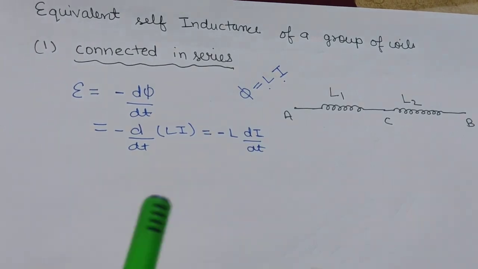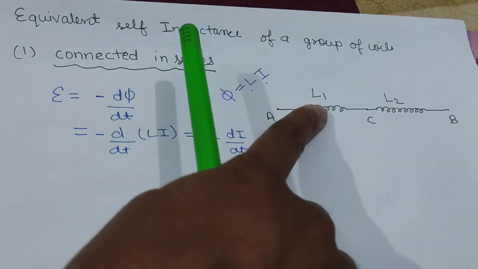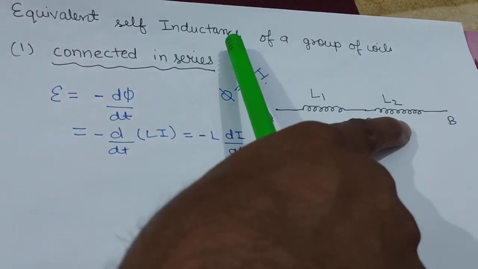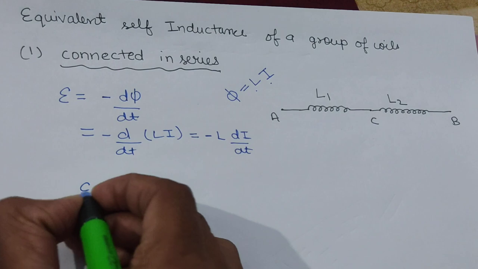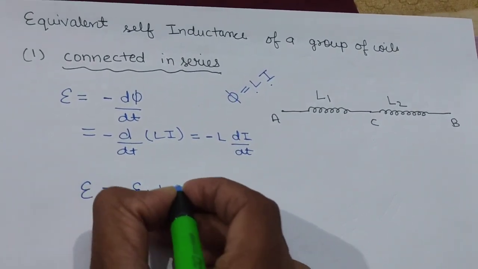Now, looking at the diagram, this is the inductance L1 and this is the inductance L2. We take the EMF as E1 and E2.